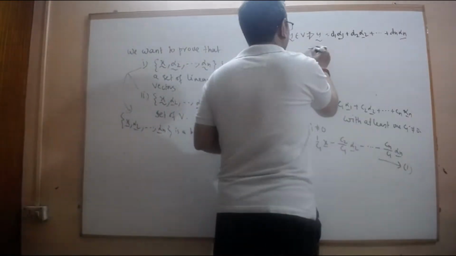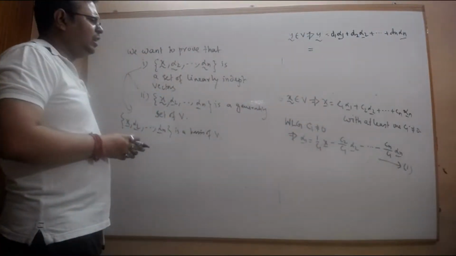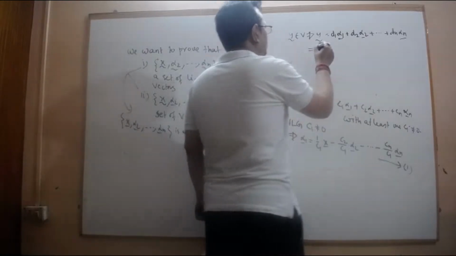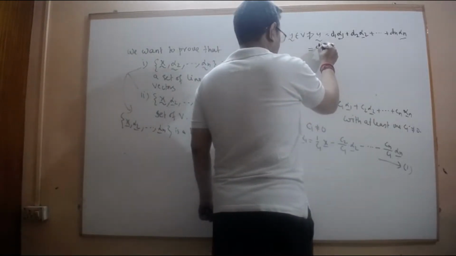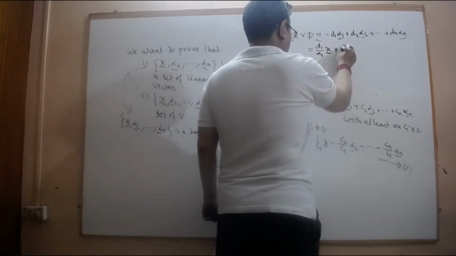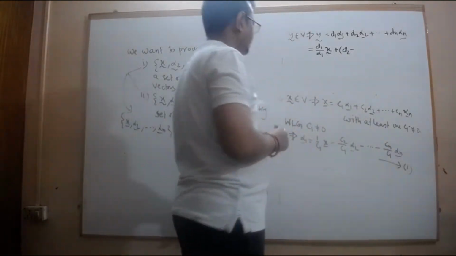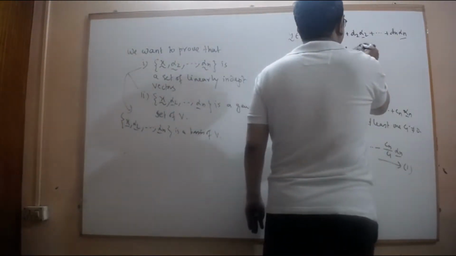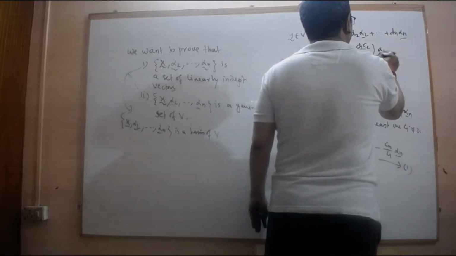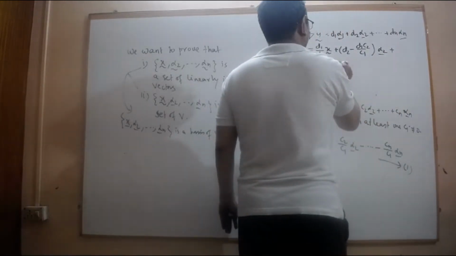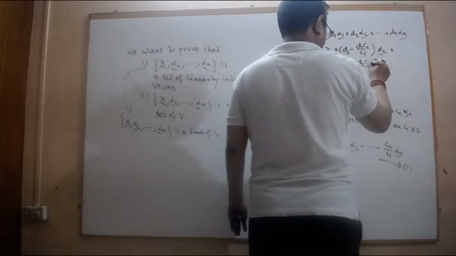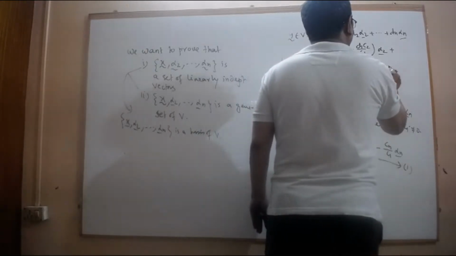And we replace alpha 1 by this, see equation number 1, then we see that y curl equals d1 by C1 x curl plus d2 minus d1 C2 by C1 alpha 2 curl, up to dn minus d1 Cn by C1 alpha n curl.